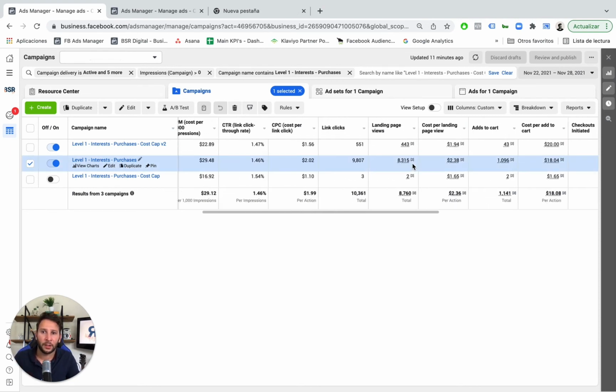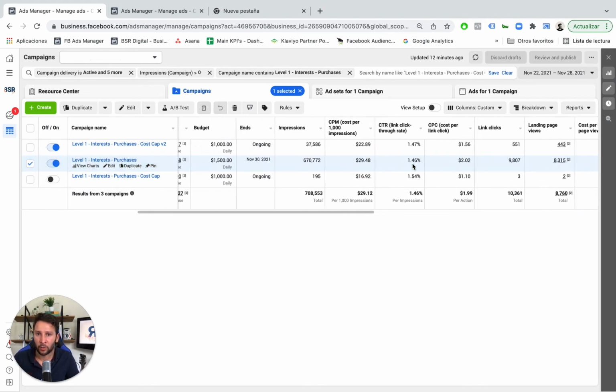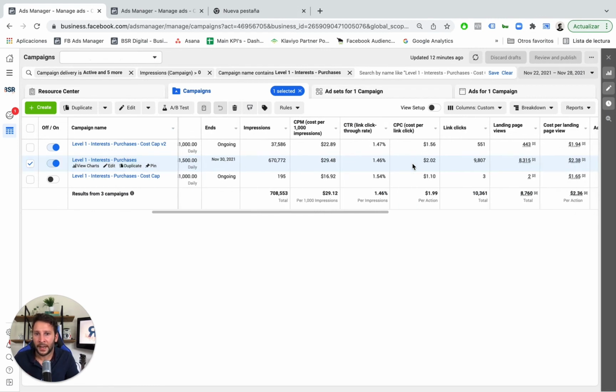But now let's not forget about something we have discovered already. We have discovered that the CPC is more expensive now than it was before. And we have already said that it was due to the CPM mainly. Now, when it's due to the CPM, it's the auction, right? Mainly.